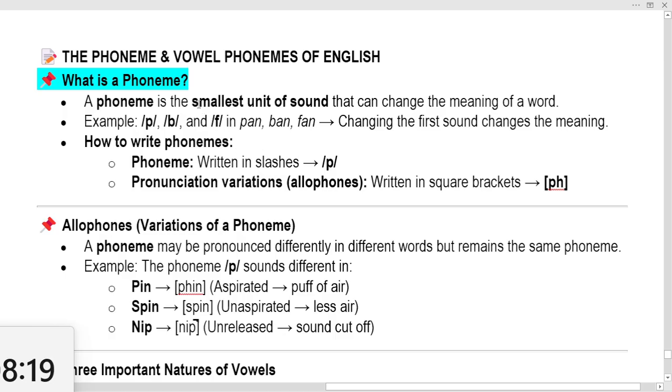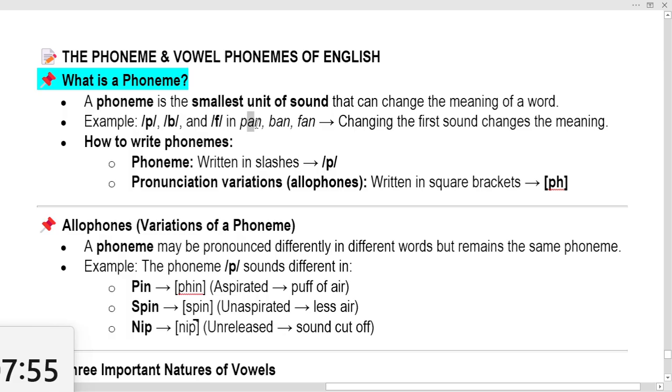Again, we are talking about the sound of the letter. The n is the same and the a is the same, so again, the smallest unit of sound that can change the meaning of a word.